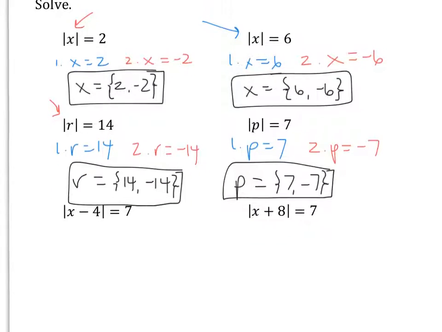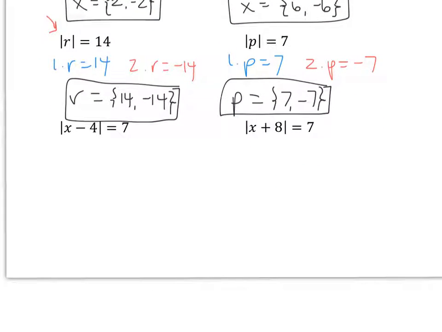Okay, so now let's look at the next example. The absolute value of x minus 4 equals 7. So again, we always have two cases, and case 1 is always as we see it, but we'll drop the absolute value symbols. So I get x minus 4 equals 7, and then case 2 is x minus 4 equals -7.